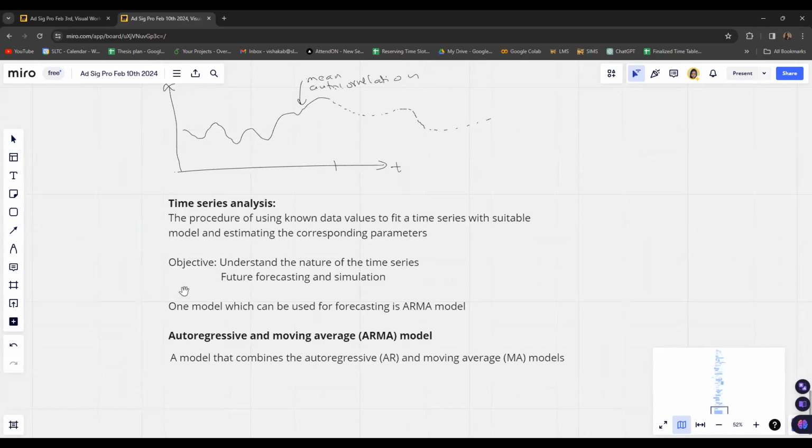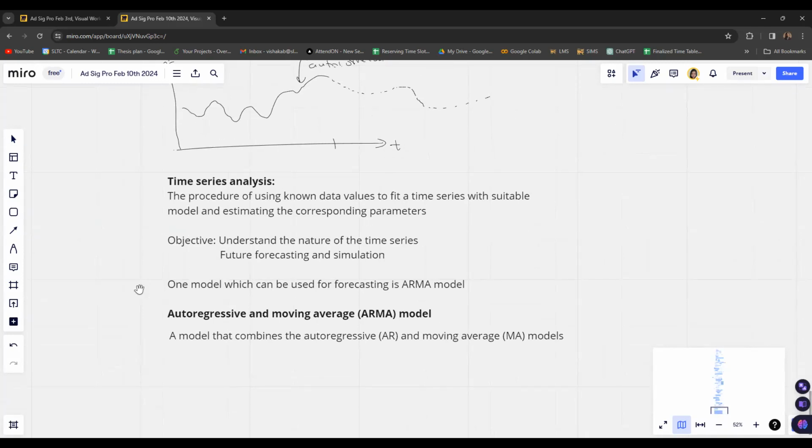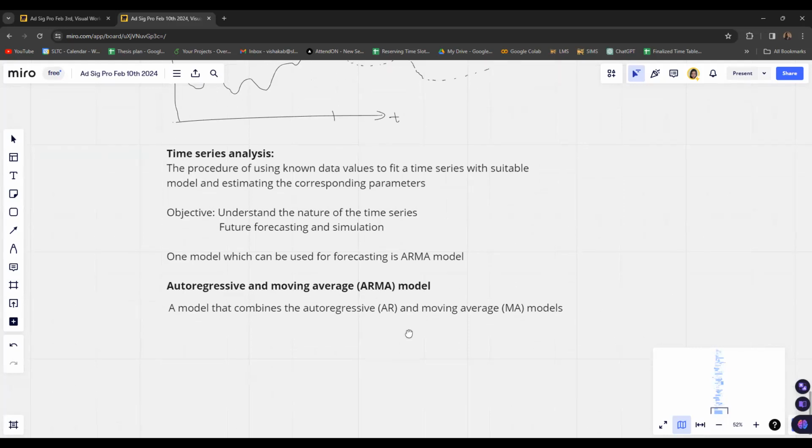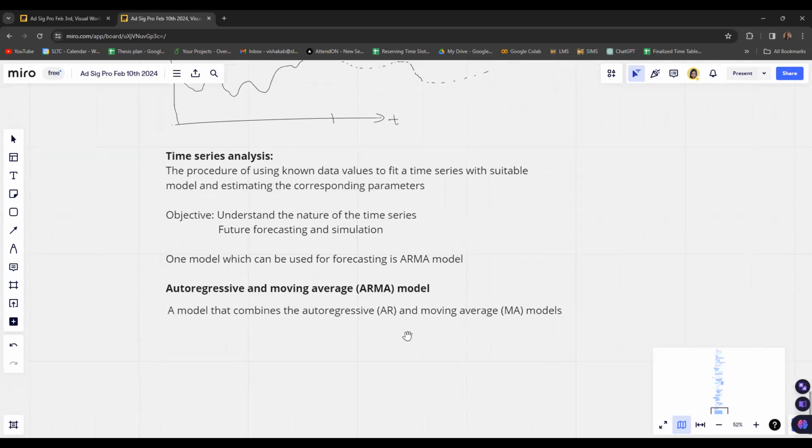So for such kinds of signals, whose properties remain stationary over time, we are introducing this ARMA model. You might ask why we always do stationary signals first. It is mainly because it is the most fundamental signal type.